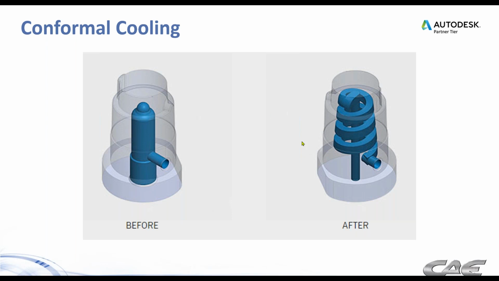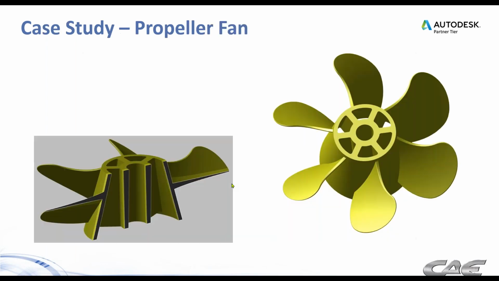Actually, I have a slide that shows how that's done, but essentially there's a brazing process that goes on, sticking different pieces of metal together rather than building it up by a 3D printing type insert. Doesn't matter which way you do it. The idea is to try to get cooling lines that are closer to the surface of your part in areas where it's more difficult to get conventional drilled channels.